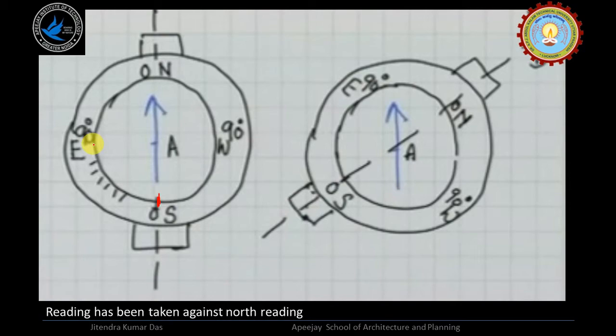Here it is 0 degree, here it is 90 degree, here it is again 0, and at west it is 90 degree. I already told you. And here see, east is mentioned actually at west, and west is mentioned actually at east.